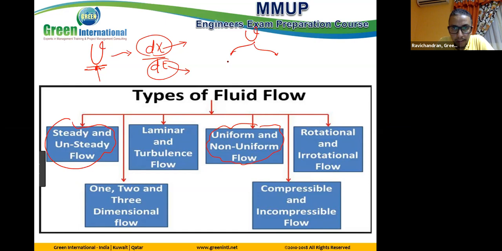One way is with a change of x at t equal constant, and the other way is with t at x equal constant. We need more information to understand that.